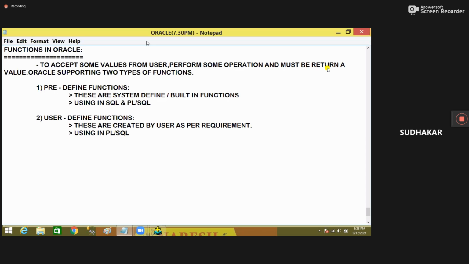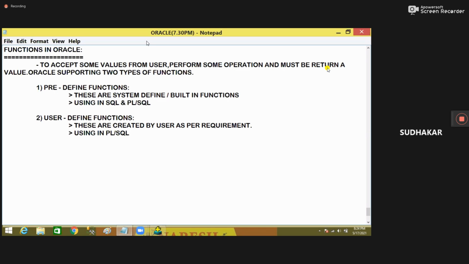That means whenever a user wants to create these functions, we compulsorily require the PLSQL language. User defined functions cannot be created by a programmer under the SQL language. SQL language does not support creating user defined functions; it is supported under PLSQL only. How to create user defined functions in PLSQL, we will discuss in the second part.